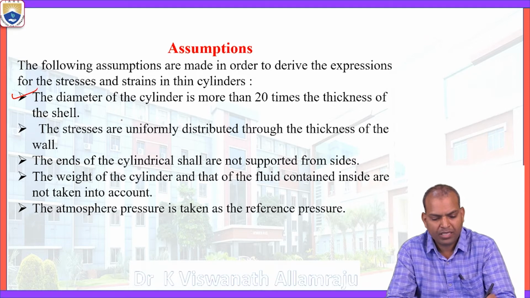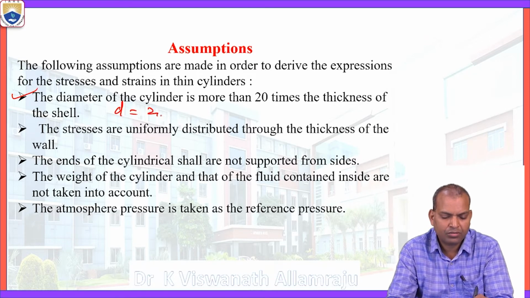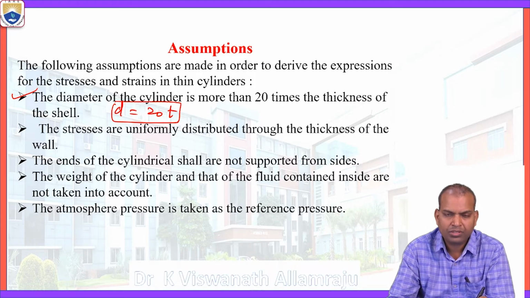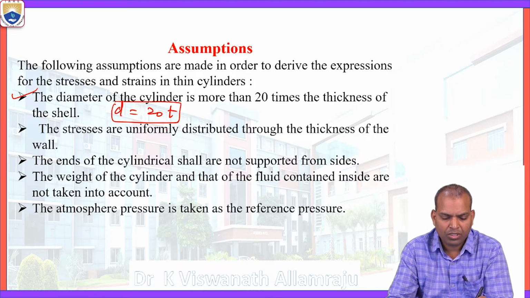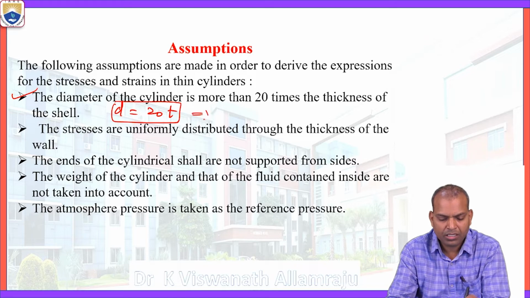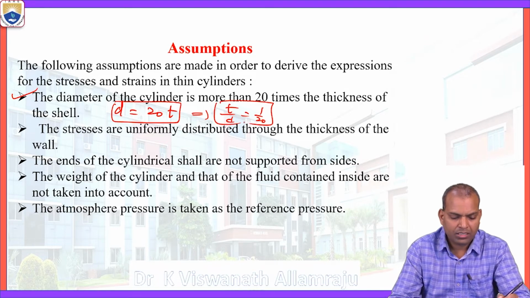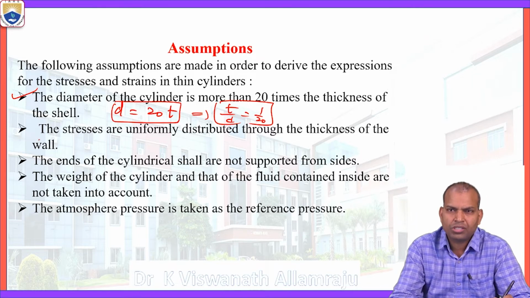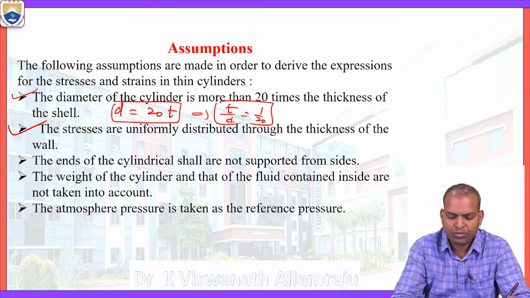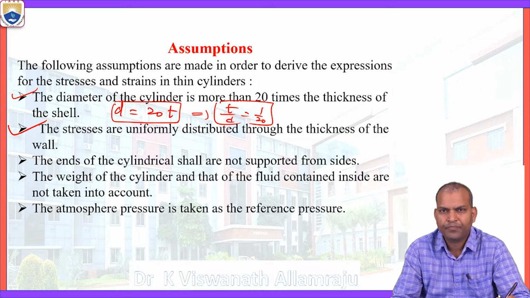That is, the diameter of the cylinder D is equal to 20 times the thickness. That means the D by t ratio is 20, so our t by D ratio is 1 by 20. The second assumption is that the stresses are uniformly distributed through the thickness of the wall. That means there will be homogeneity.